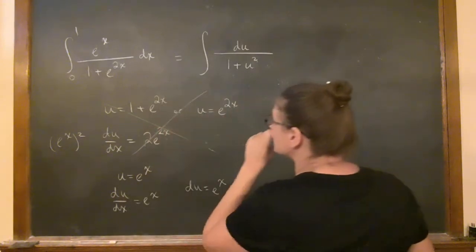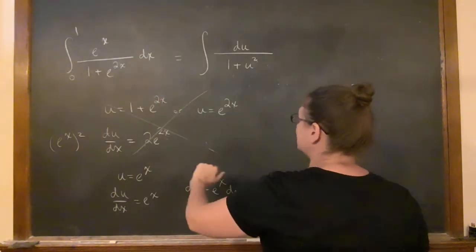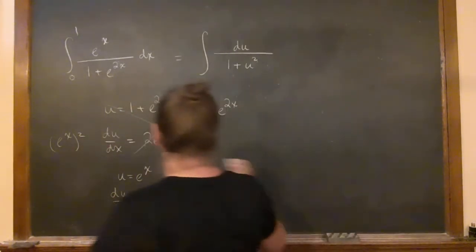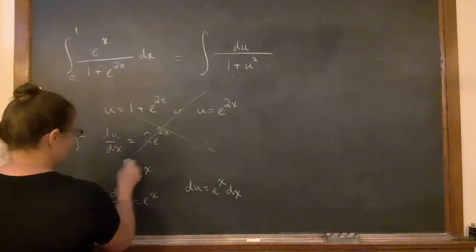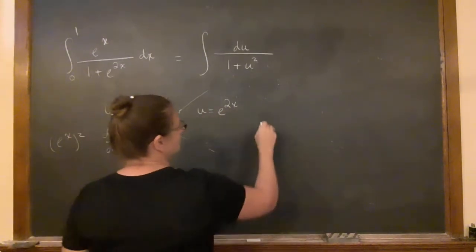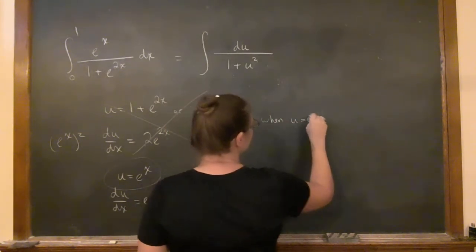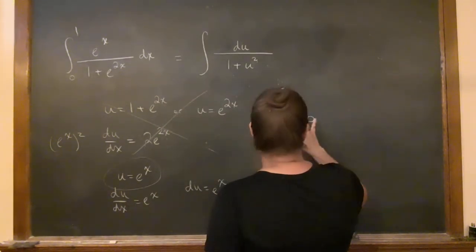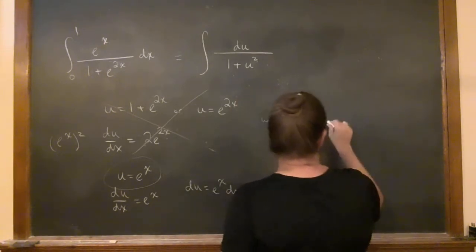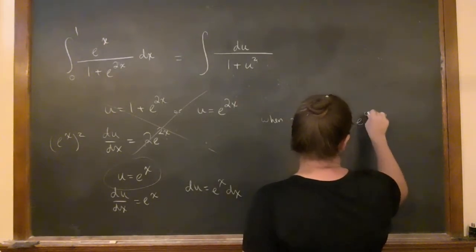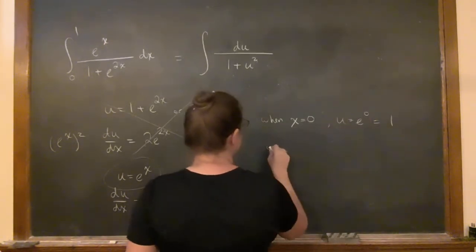So the last thing I want to do is change my limits. So when x equals 0, u equals e to the 0, which is 1.